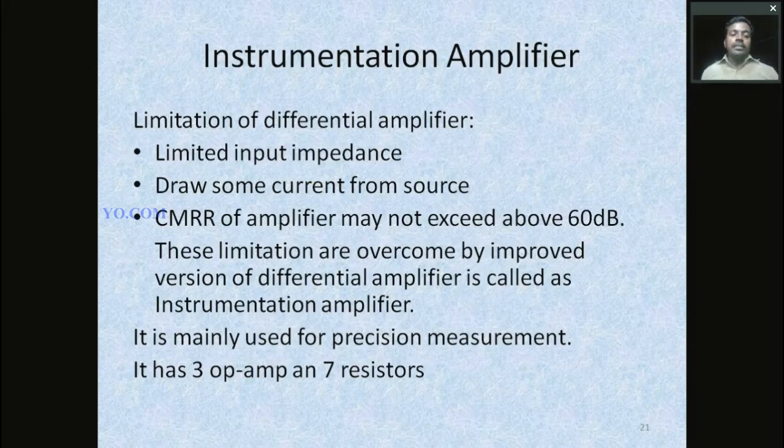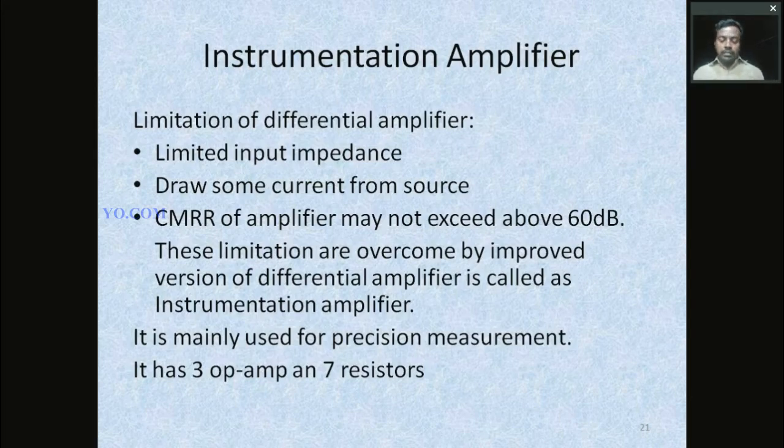Okay, then it draws some current from the source. If the input impedance is limited, it draws some current from the source. Due to the drawing of current from the source, that causes some unwanted disturbance, unwanted signals. The CMRR of the amplifier may not exceed about 60 dB.